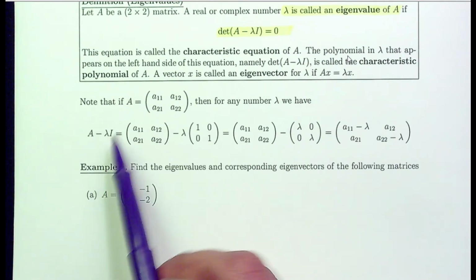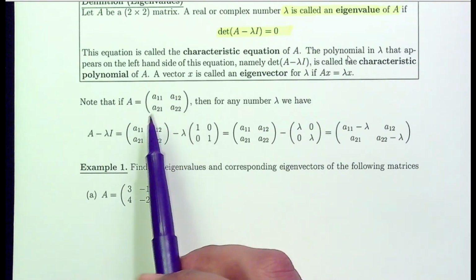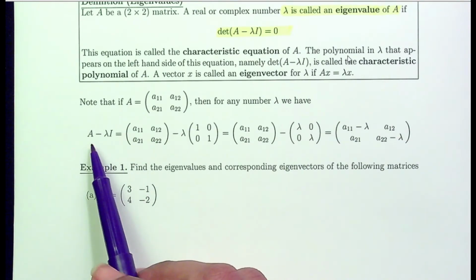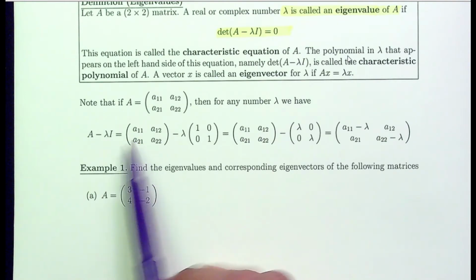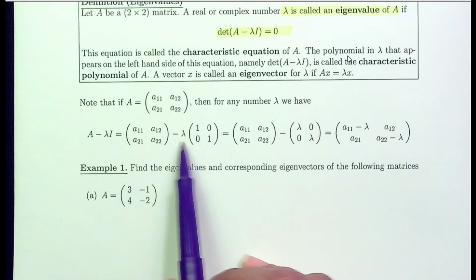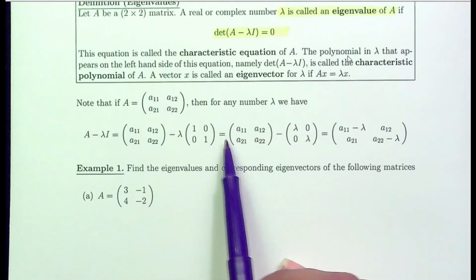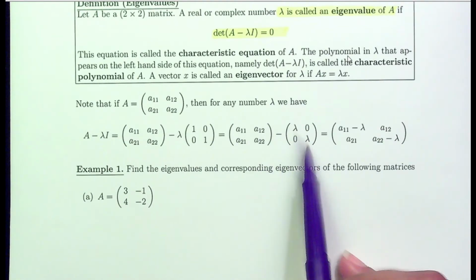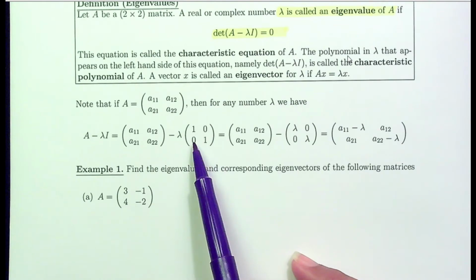If you have a matrix A, say A11, A12, A21, A22, and you have a number lambda, what happens when you compute A minus lambda I? Well, substitute in A, and lambda I is lambda times the identity matrix. Simplifying this part, you multiply all the entries by lambda and get lambda, 0, 0, lambda.